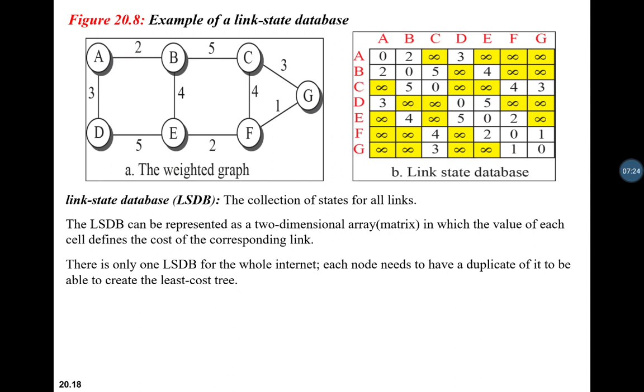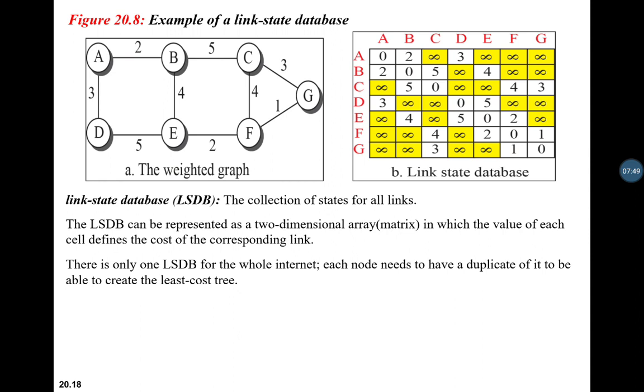As we have already seen in the first figure, the same figure is shown here, and this is the link state database. By considering each and every node in the figure as a root node, this information is filled here. If the destination is directly reachable, that cost is entered.